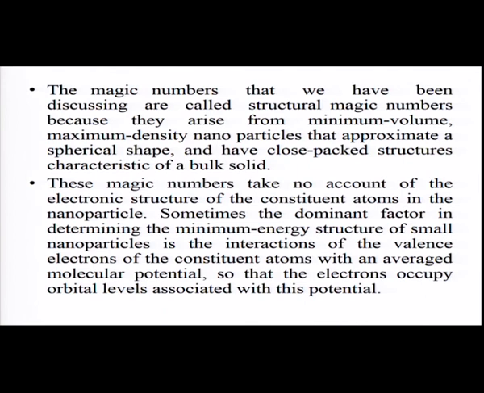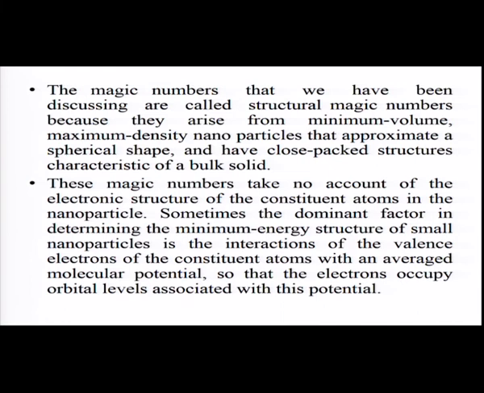The magic numbers that we have been discussing are called structural magic numbers, and these magic numbers arise from minimum volume and maximum density nanoparticles that approximate a spherical shape, and you have close packed structures characteristic of a bulk solid. The other important point is that these magic numbers do not take any account of the electronic structure of the constituent atoms.